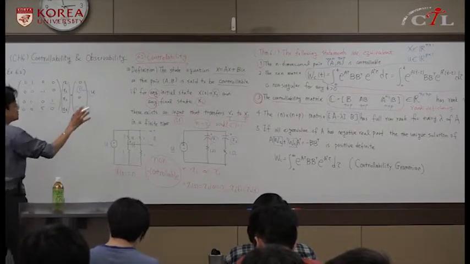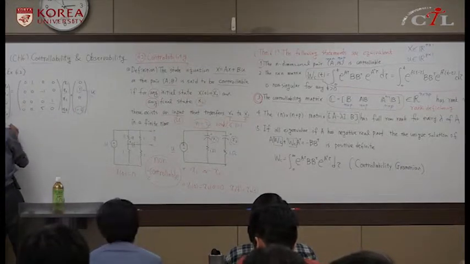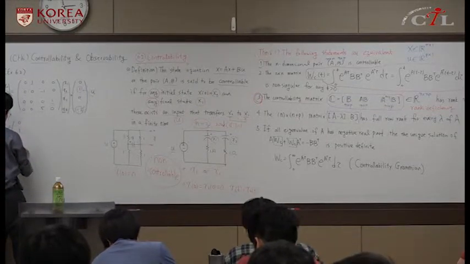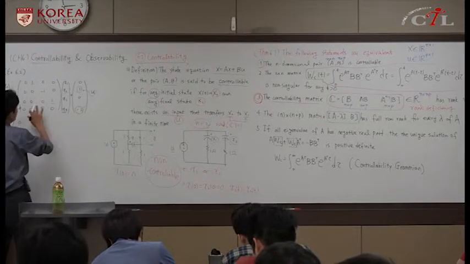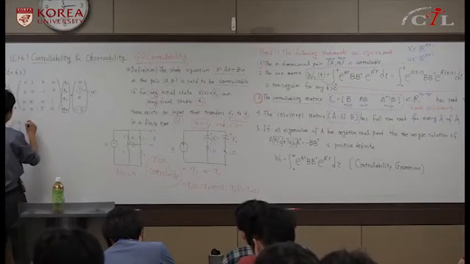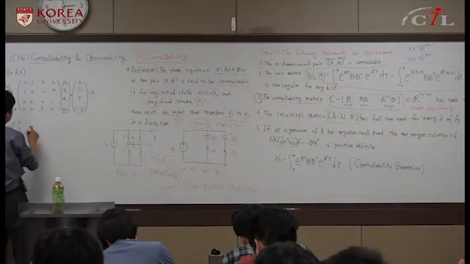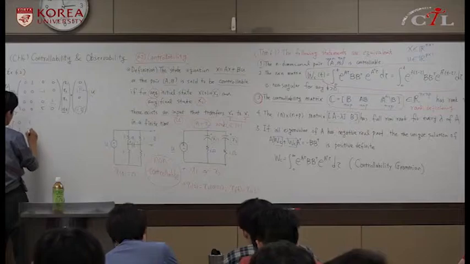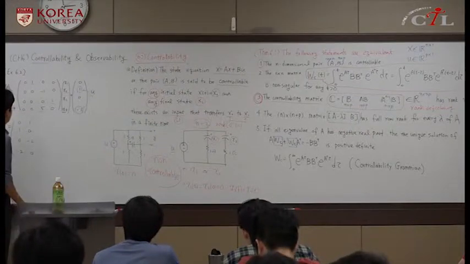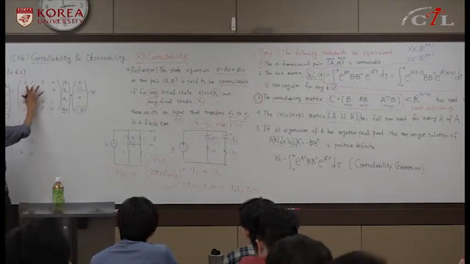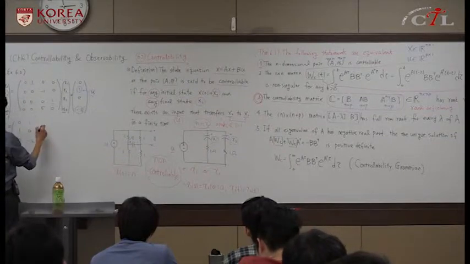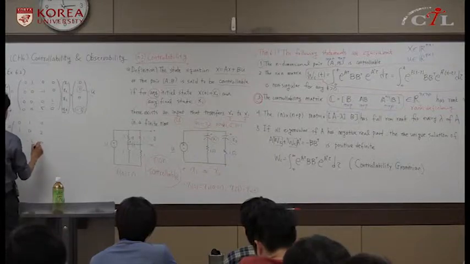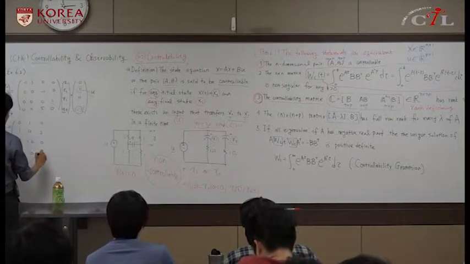Then we construct the matrix C. First B: 1, 0, 1, minus 2. Then AB. If I multiply it, AB is 1, 0, minus 2, 0. A squared B, multiplying A to AB: 0, 2, 0, minus 10.